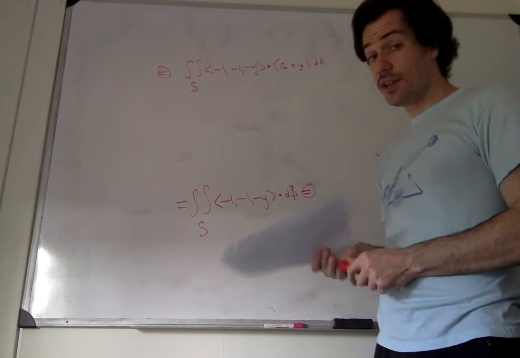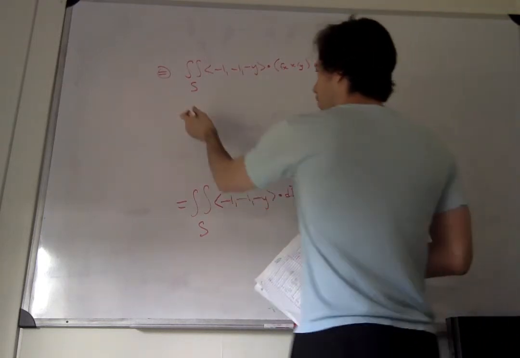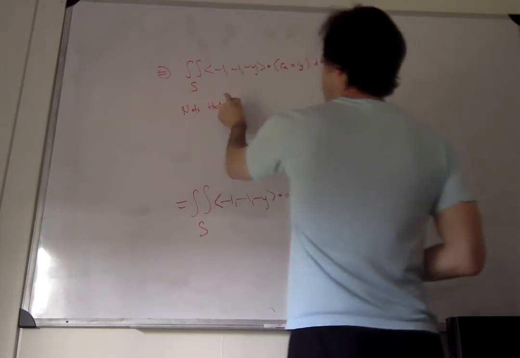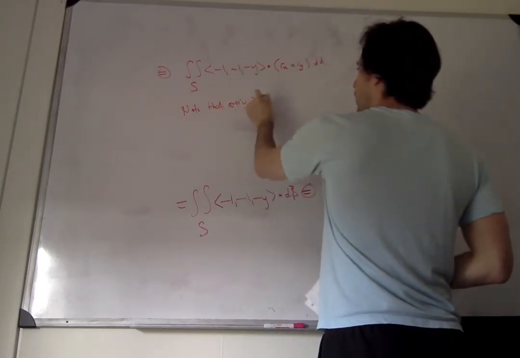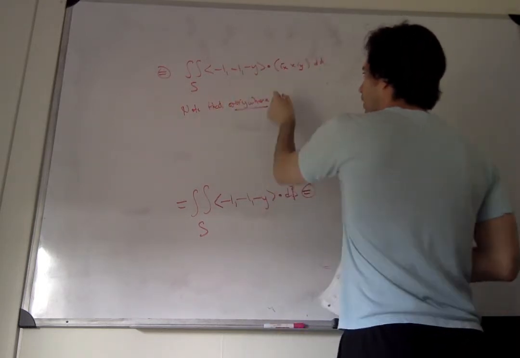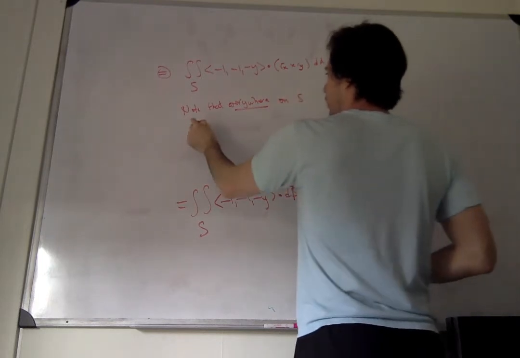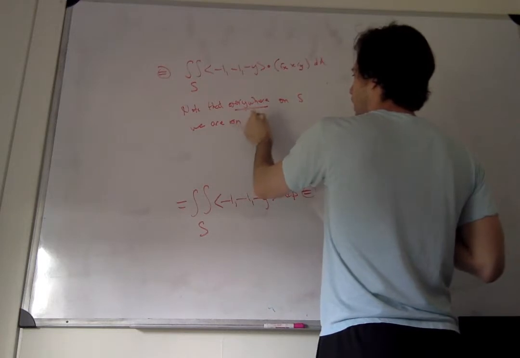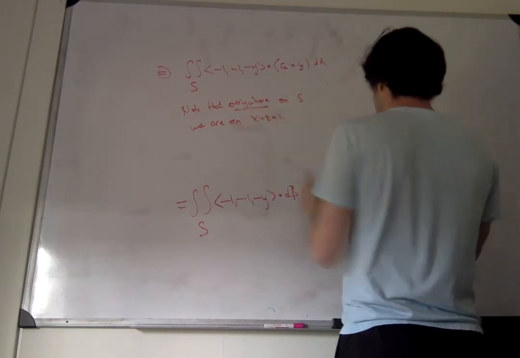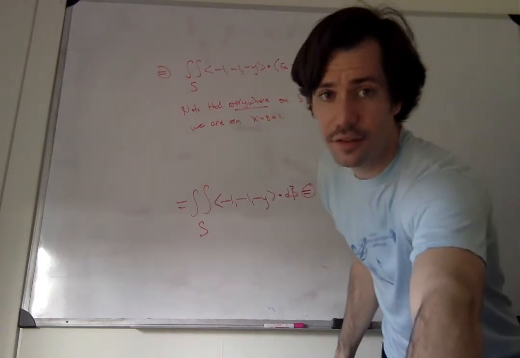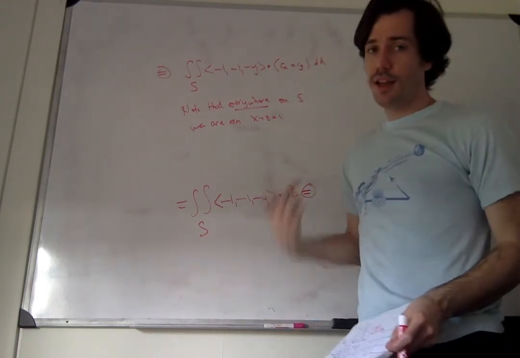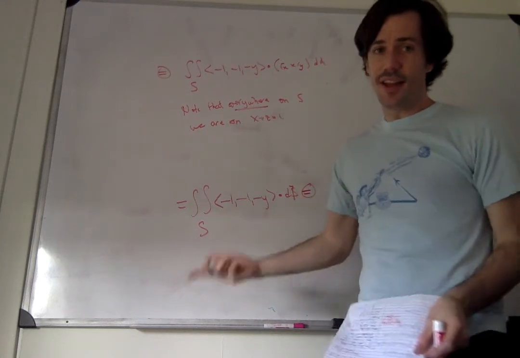But let's keep in mind, so you want to note this: everywhere on S, we are on x plus z equals 1, right? That's just a fact, because if you're intersecting this with an ellipsoid, you're still on that plane.